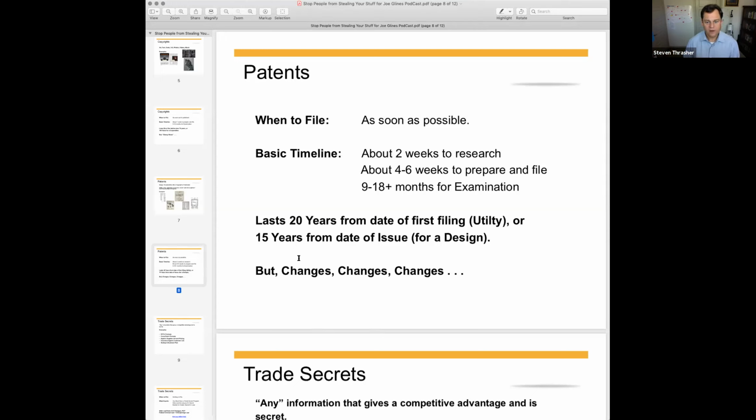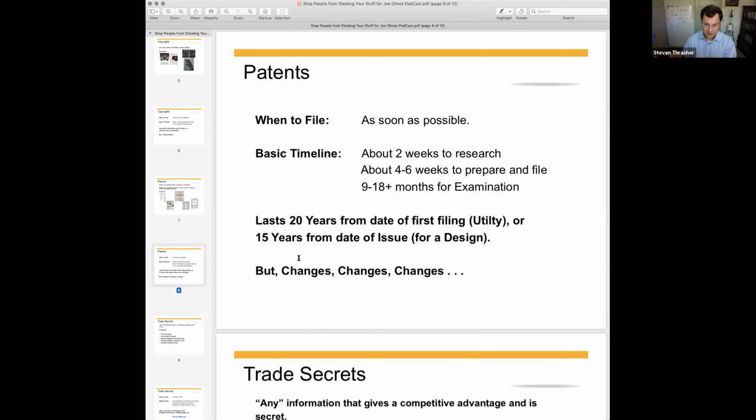Once on file, it will take between 9 months and 18 months for an examination. It can take longer, actually, depending on the kind of technology that you have. Some biotechnologies, financial transaction, software patents, which are very rare, by the way, those applications can take 2 years or longer to get an examination.